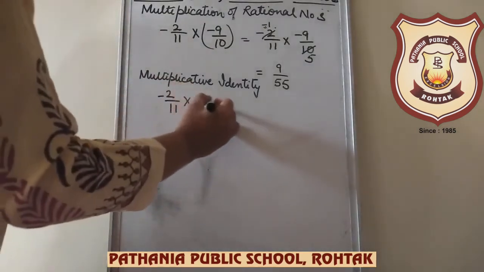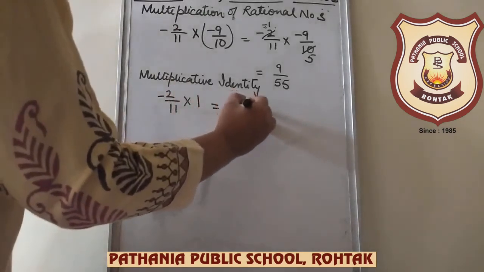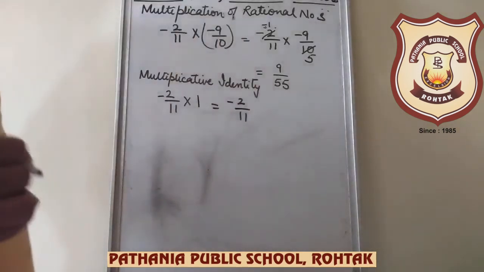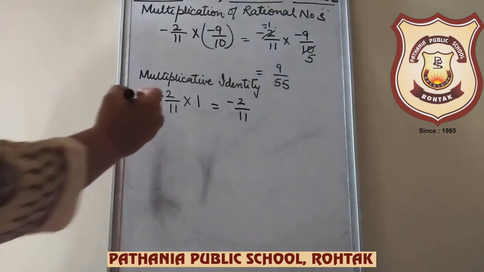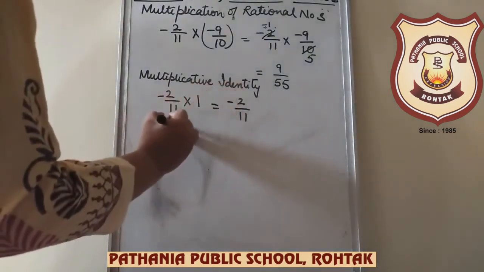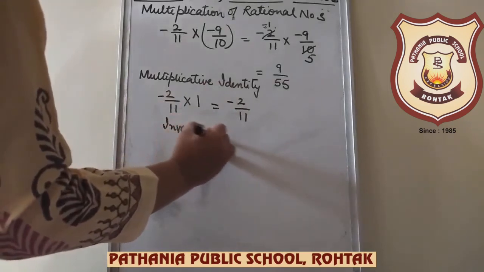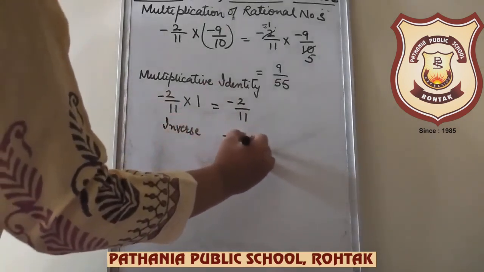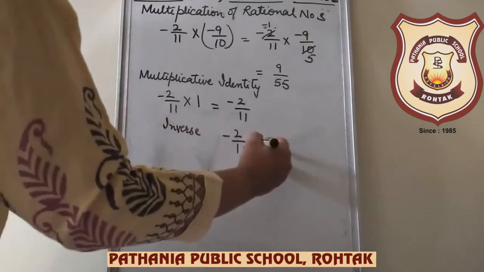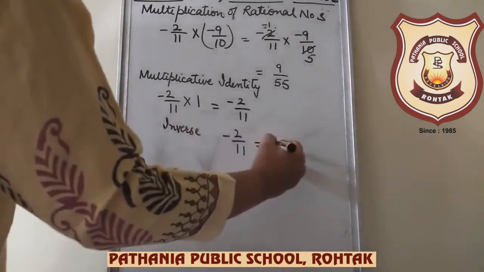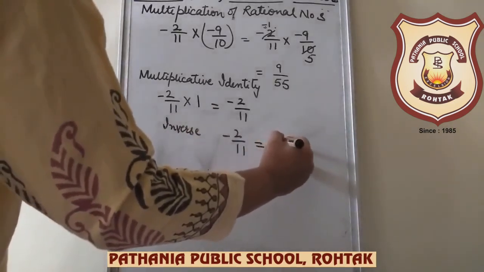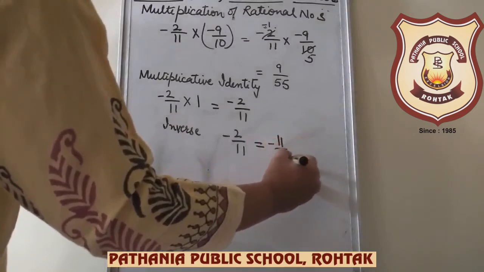So that is 1. So 1 is the multiplicative identity. And how to write the multiplicative inverse? It is minus 2 upon 11. Its inverse is going to be the multiplicative inverse, minus 11 upon 2.